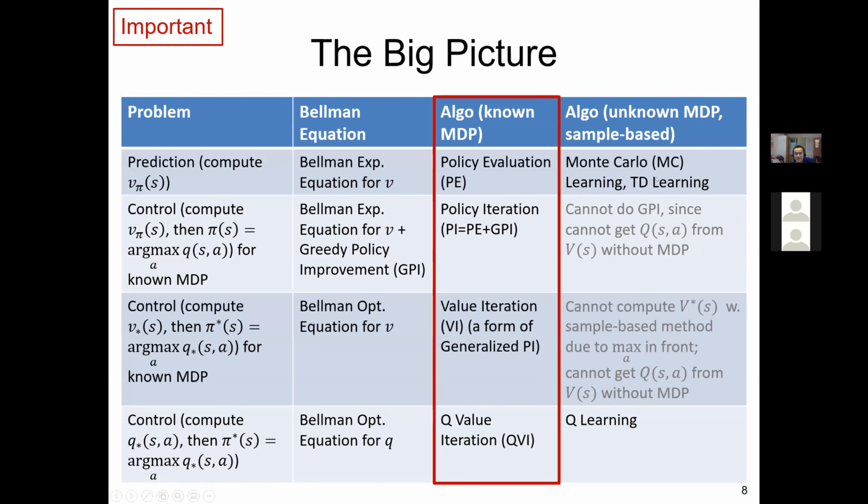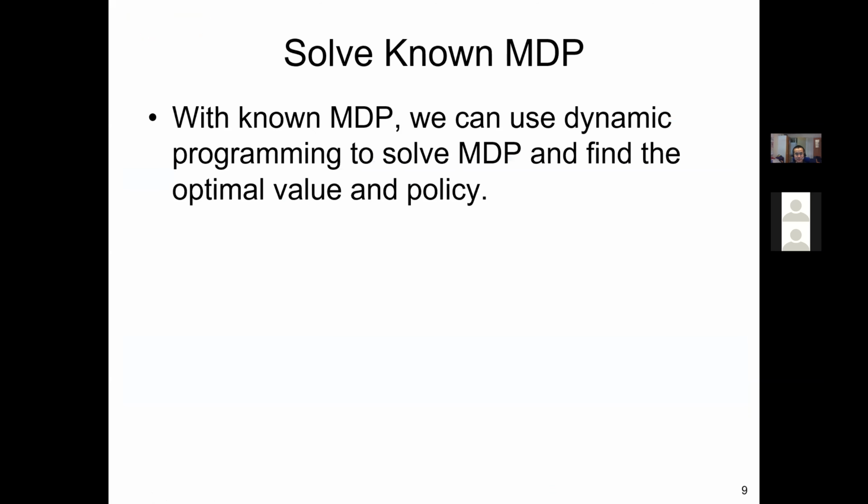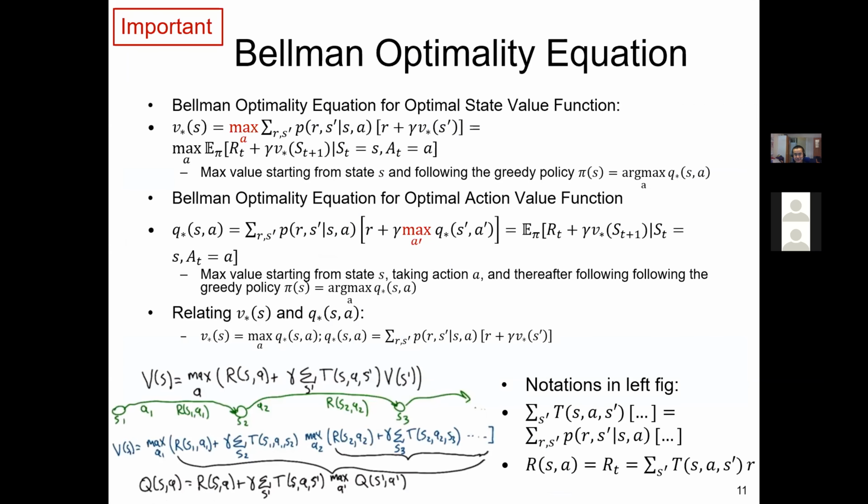For Monte Carlo and TD learning, you get a V, but this V pi is not useful for control unless you have the MDP model. But just for policy evaluation it is fine.